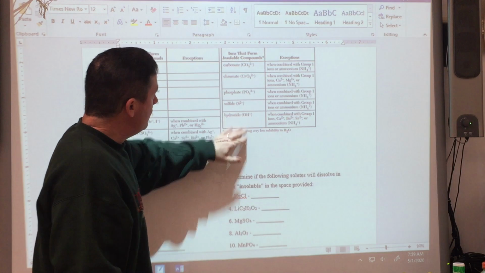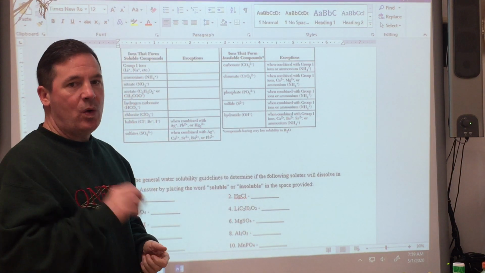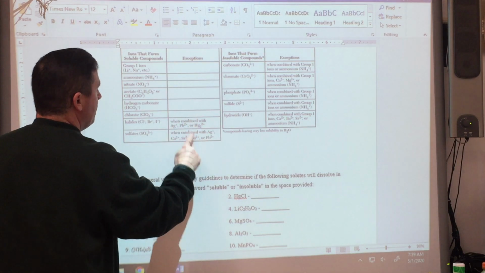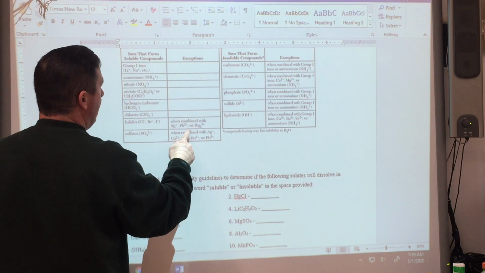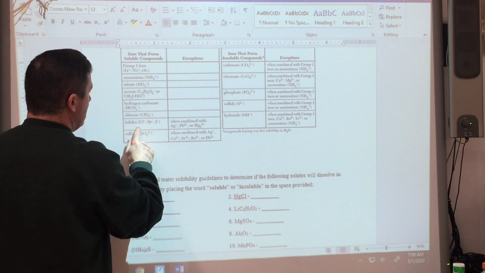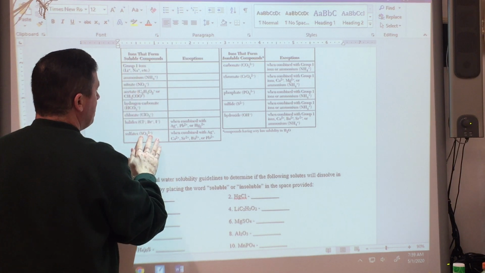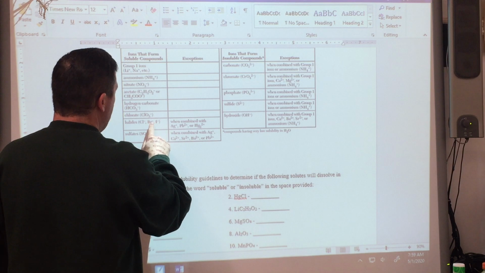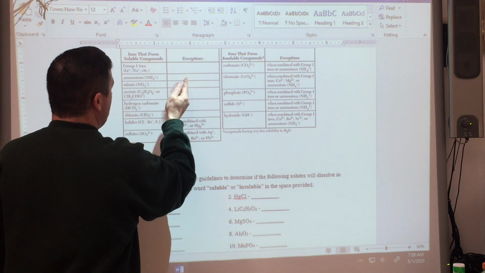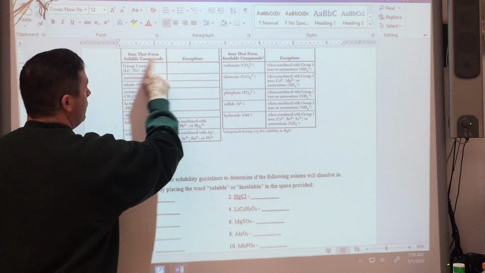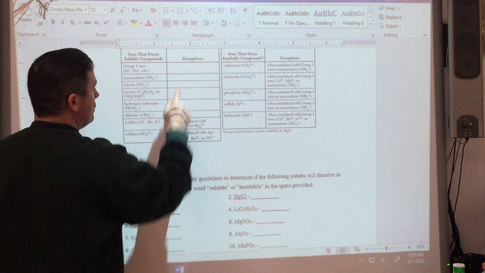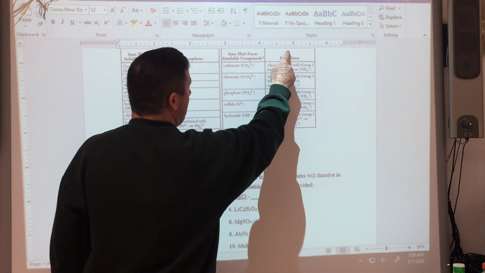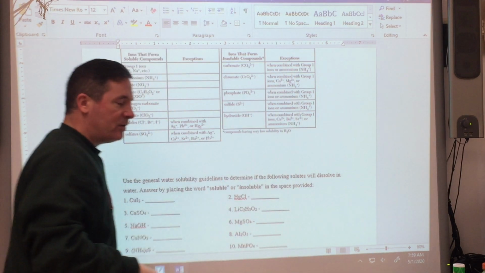If it's over here, it's insoluble in water. That means it won't dissolve. But if there are exceptions here, that means if this is part of it, but it's combined with this, it's going to do the opposite of what it is. So an exception over here would be insoluble, doesn't dissolve. An exception over here would be that it is soluble, it will dissolve.